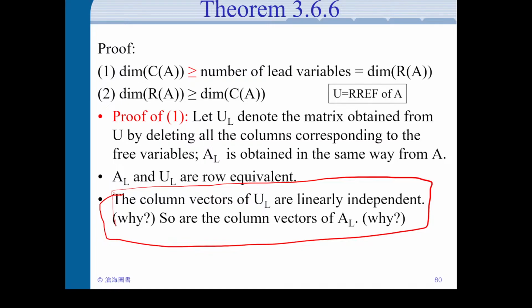So once again, we use our corollary 3.6.2.5, and we use the dependency, and we use this equivalence between ULx equal to 0 and x equal to 0. And I guess one thing we didn't say is the same dependence between A and U.